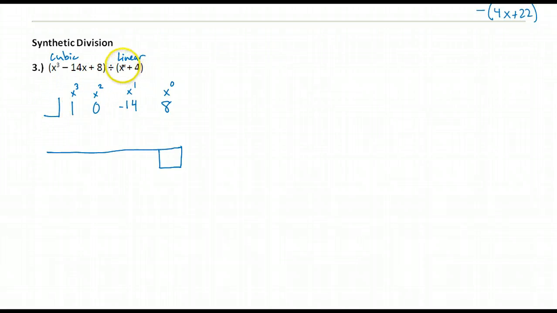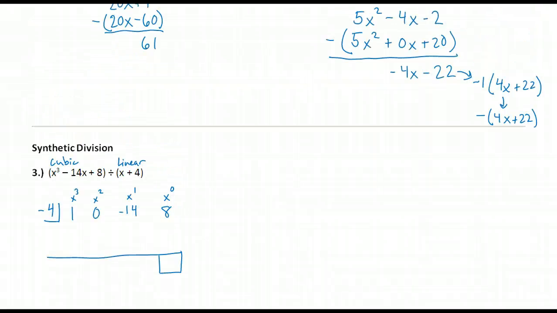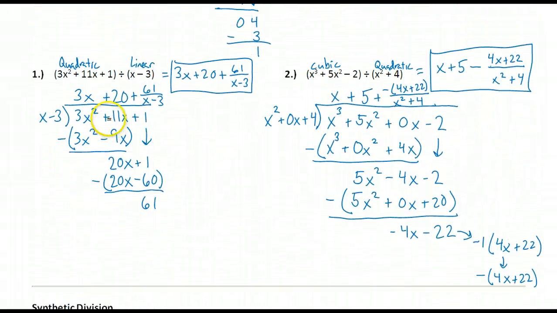I want to write down the x value that makes this 0. So the number I'm going to write here is negative 4. Remember that this number has to be the 0 of this polynomial. Now the process of synthetic division, much like the process of long division, is just an algorithm. We have to do the same thing over and over and over again until we get our remainder.